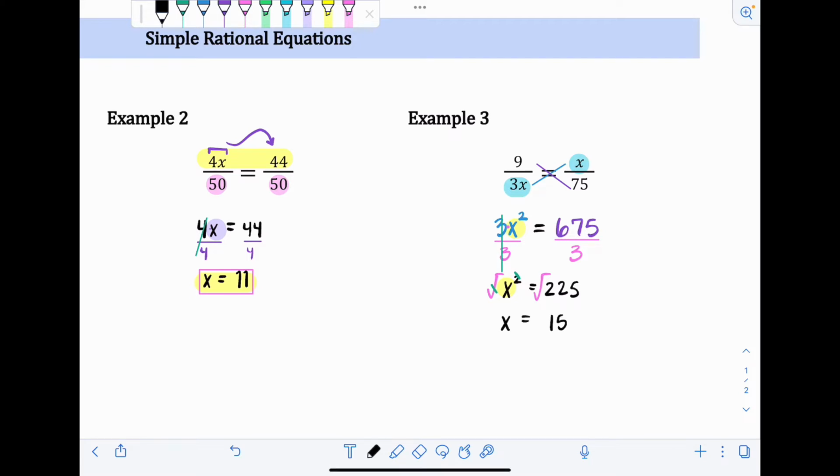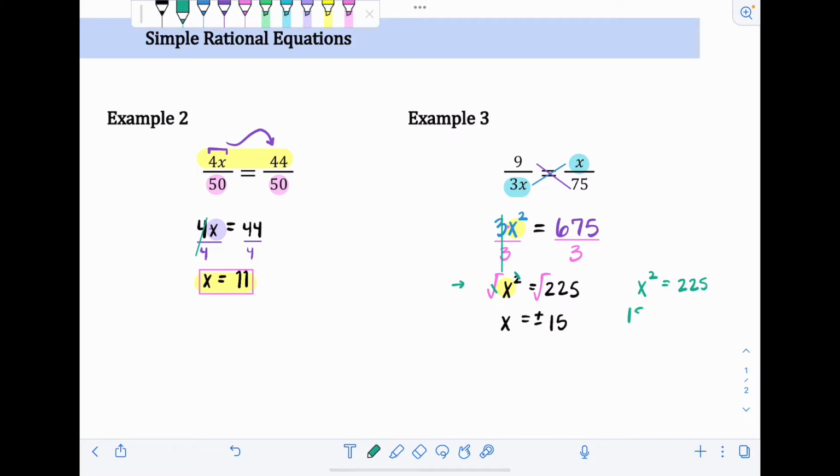But we have to consider that, when we're solving and we take the square root, we have to think about the positive and negative version. It could be positive 15 as the square root of 225, but it could also be negative 15 as well. So we'd write it as positive or negative 15. The reason is, I'm just going to rewrite it over here: if x squared is equal to 225, we're asked for what values of x could make that work.